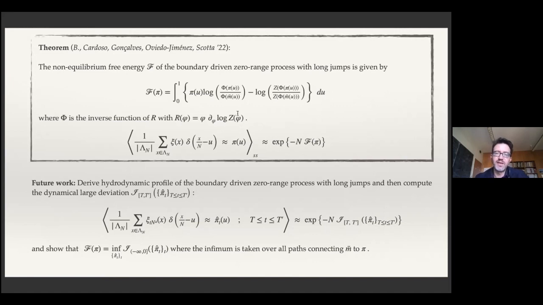And it is given by this formula here. So pi is, you remember the non-equilibrium free energy is the rate which appears, it is written here. You want to observe some profile, which is not typical for the density, which is pi. And you say it will be exponentially small in N. And the rate is given by this formula.